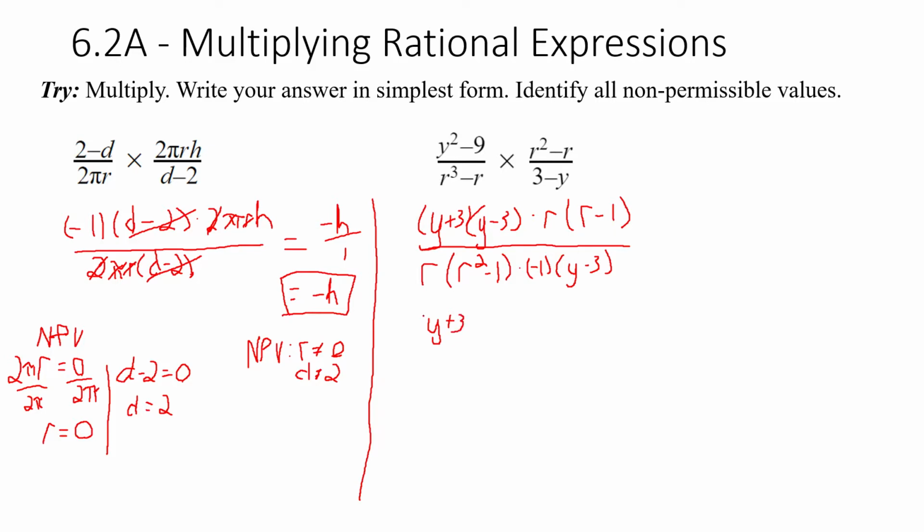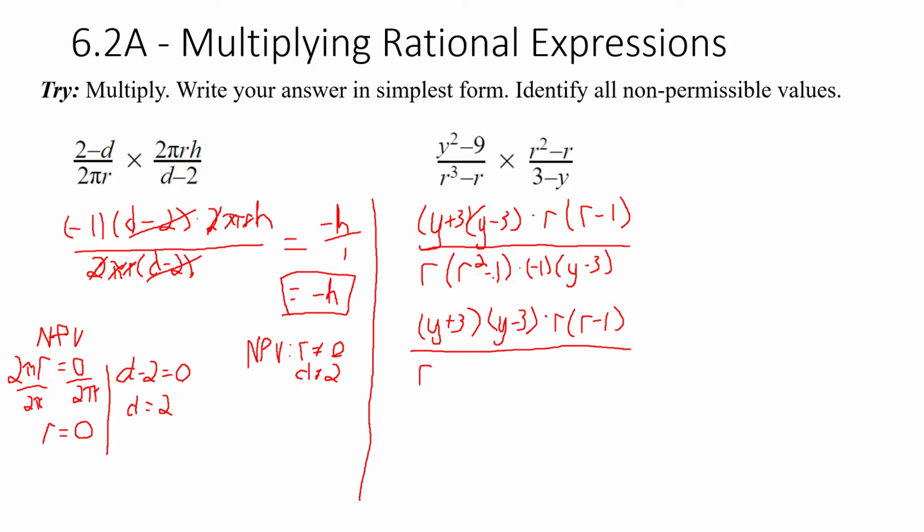But we can do a little bit of work here. We can start canceling some things to make it easy. Actually, before we do that, no, we're going to write out the whole thing because we need our non-permissible value list. So y minus 3 times r minus 1 over r.